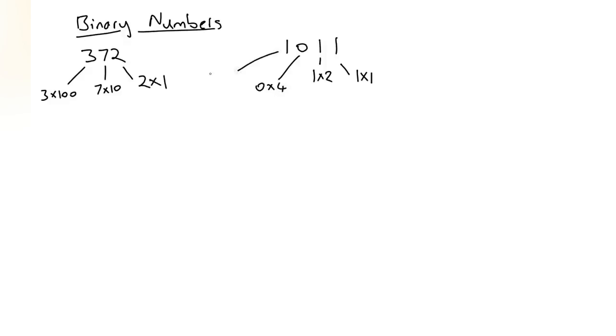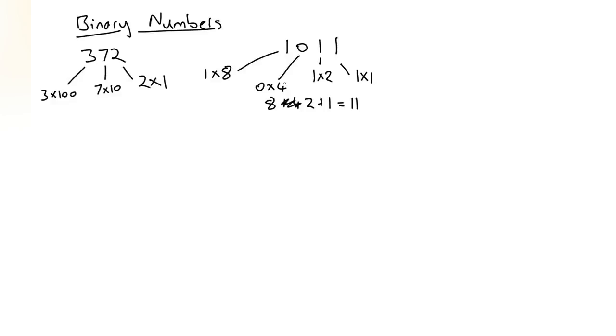And here we've got 1 times 2 times 2 times 2, in other words 1 times 8. So altogether the number in decimal is going to be 8 plus, no, not 4 because we've got no 4s, 8 plus 2 plus 1, which is 11. So this is 11 in binary. Let me just check that. We've got 1 plus 2, that's 3, plus there's no 4s, and we've got 8, so that's 11.